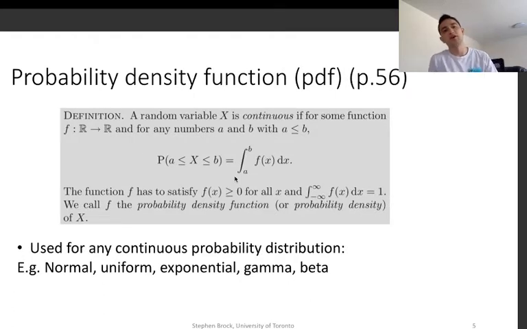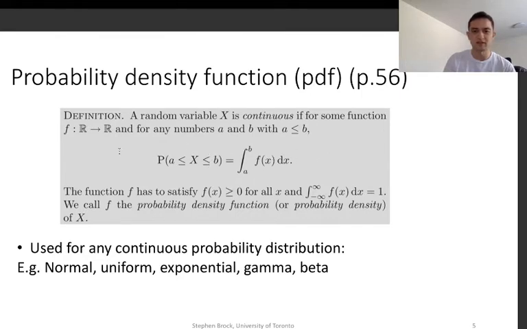Alright, so moving on to the probability density function, or the PDF. This is on page 56 of the textbook. By definition, a random variable x is continuous if for some function f, which maps real numbers to real numbers, and for any numbers a and b such that a is less than or equal to b, so we're looking at a bounded region here, the probability that x is between a and b is equal to the integral from a to b of f of x dx.